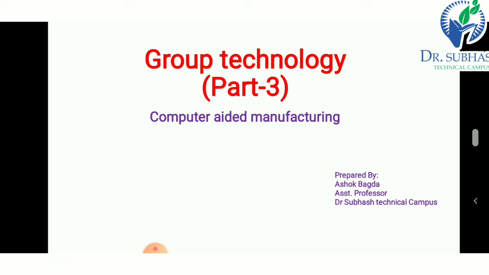We have also discussed that there are three methods for grouping parts. The first method is the visual inspection method, which we have very well discussed.